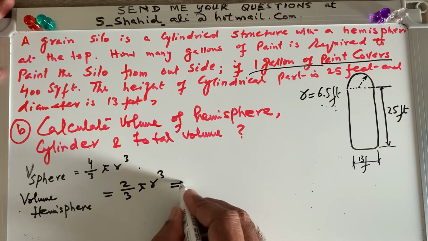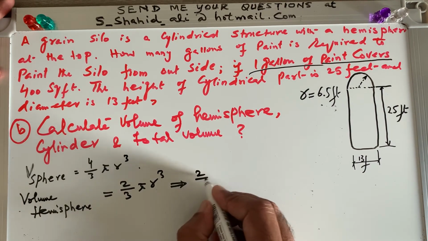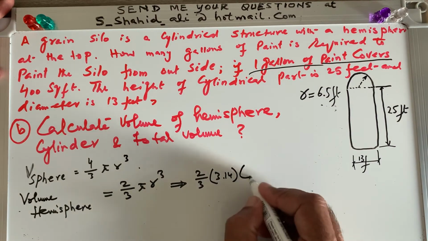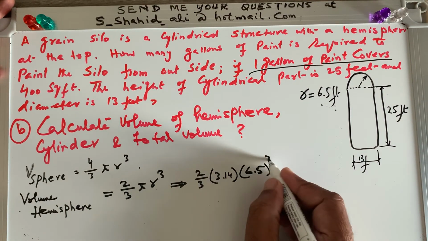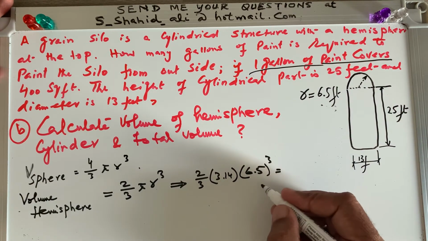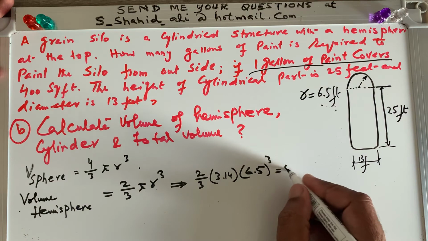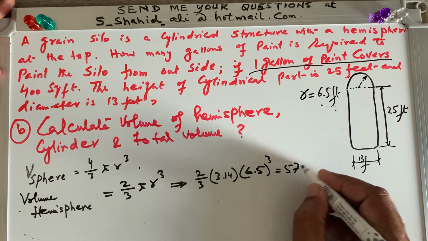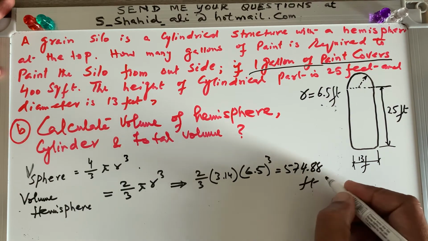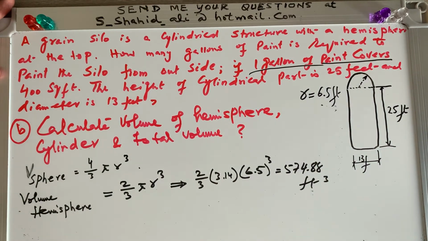So we will plug in the values and get this done. 2 by 3 times pi, which is 3.14, times r cube, 6.5 whole cube, which turns into 574.88. This is your feet cube of the hemisphere.